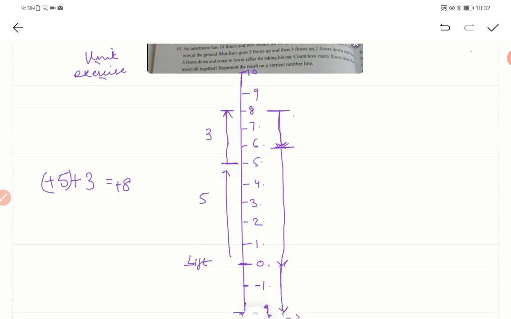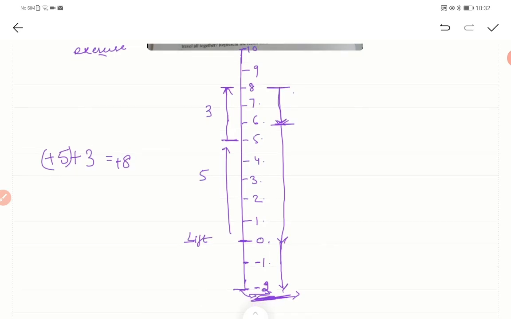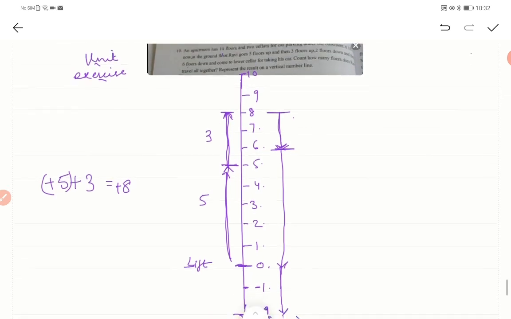It is asked to count how many floors he traveled altogether. Let's count now. First in the lift he went to the 5th floor, and from the 5th floor he traveled 3 more floors up, right? So 5 plus 3 is 8. He went upwards 8 floors, so I will take plus 8 for this.